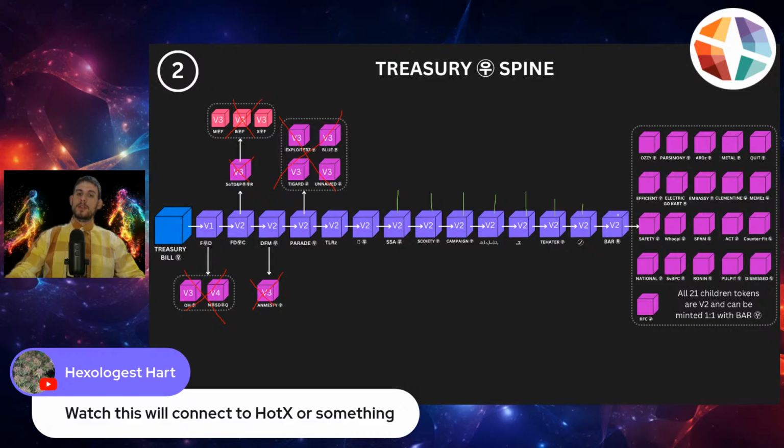When Stu did this, he launched a tax token off every single one of these, I think. So there's a tax token launched off every single one of these. I'm going to keep going. It's kind of looking more like an actual spine now, isn't it? So there's a tax token.